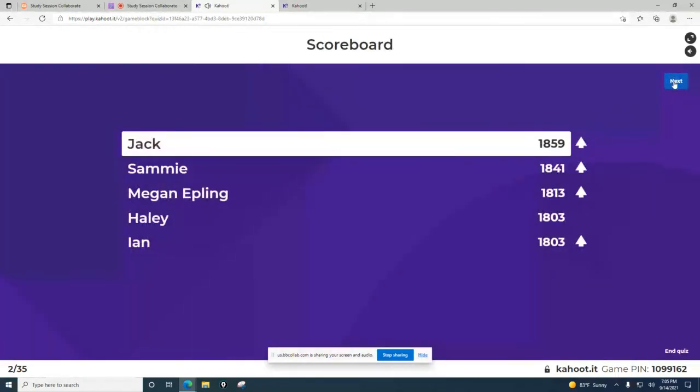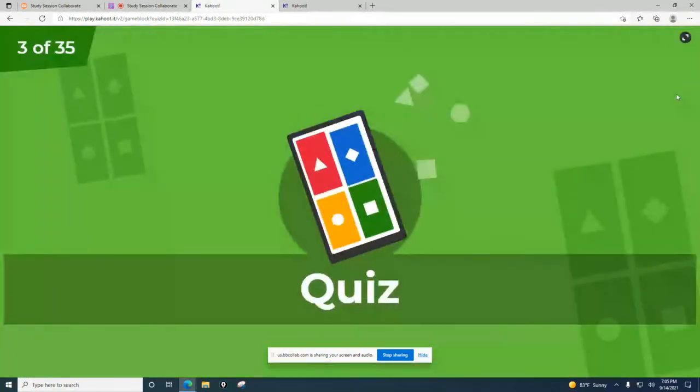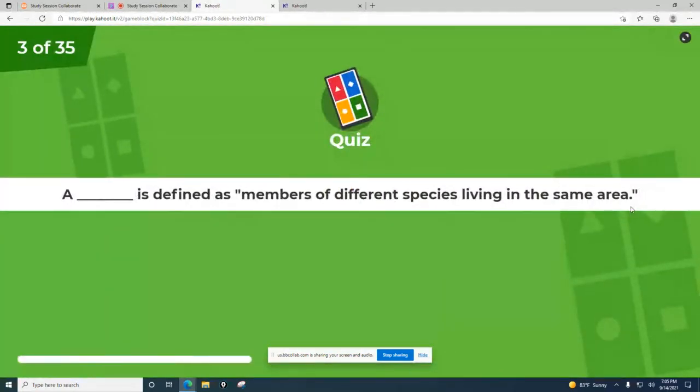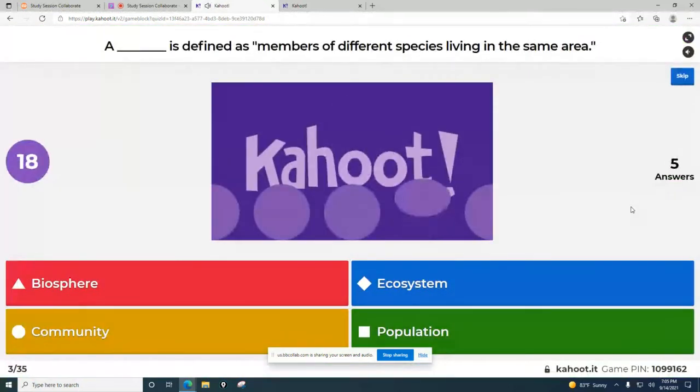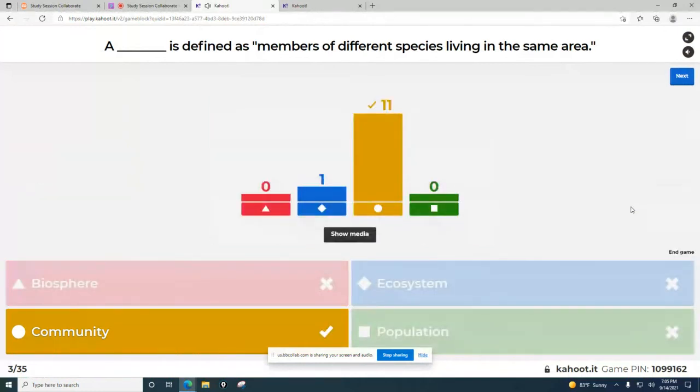Oh, we got a rearrangement of the board. Okay, a blank is defined as members of the different species living in the same area. Okay, very good. And then one person selected ecosystem.